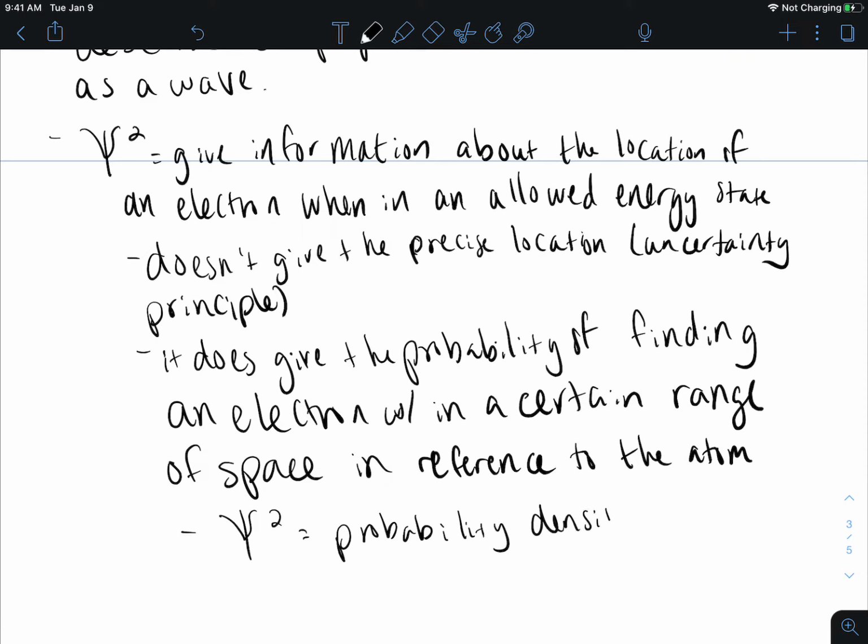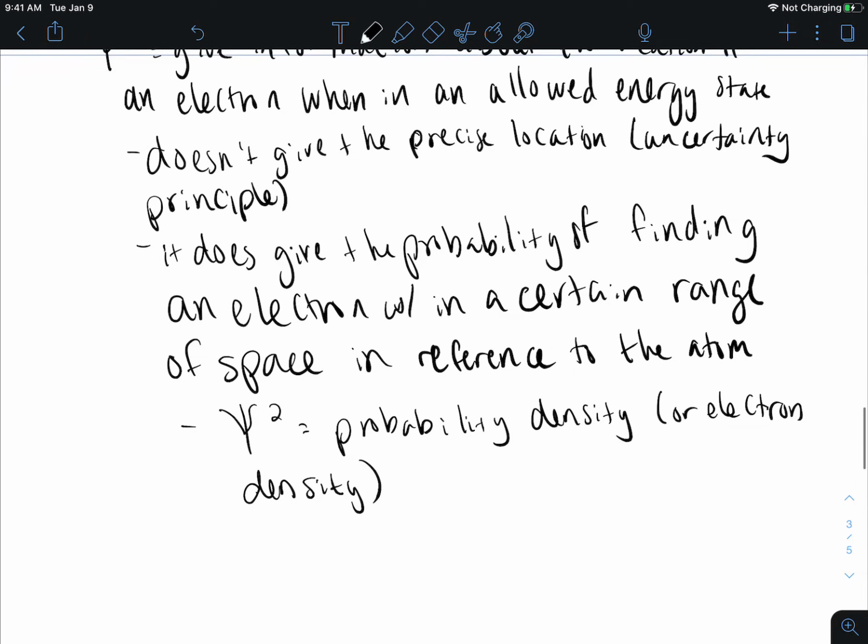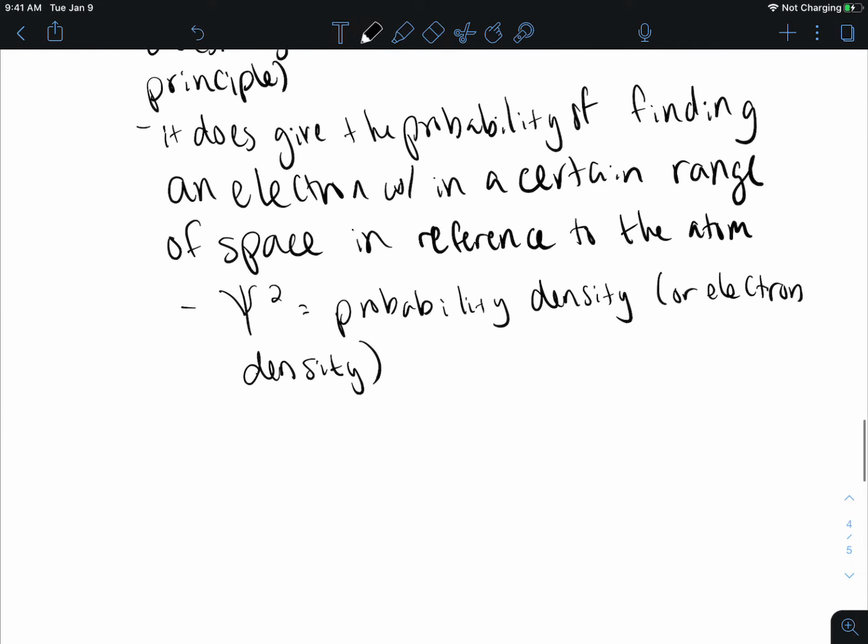Or electron density. So lots and lots of equations are done in order to determine this probability density. And again, it's based on an electron being in an allowed energy state. So our probability density looks something like this.